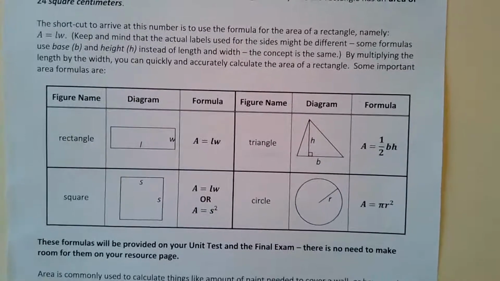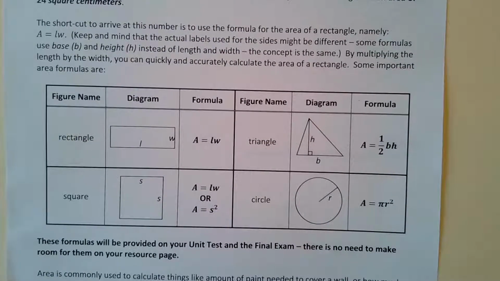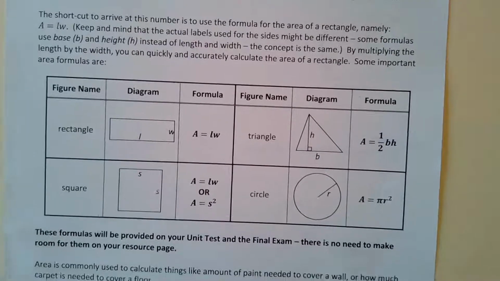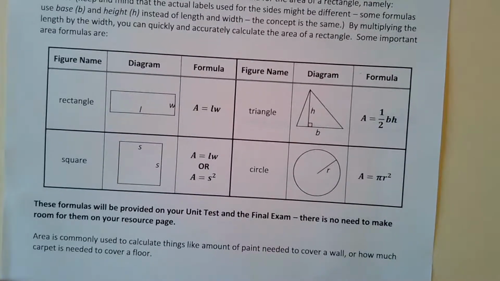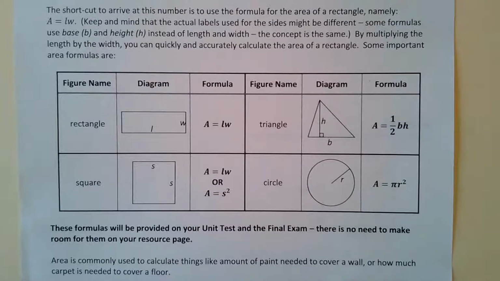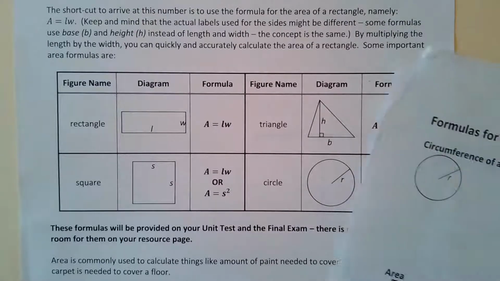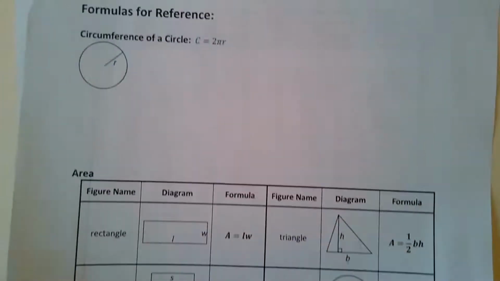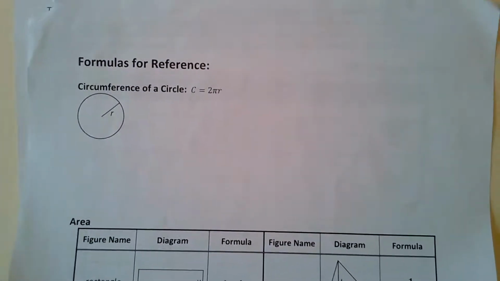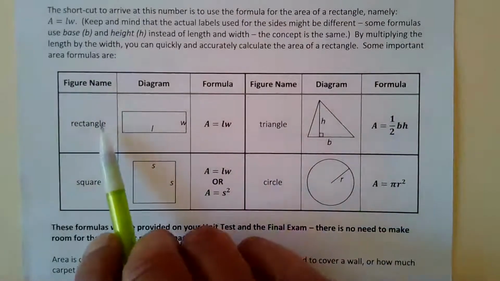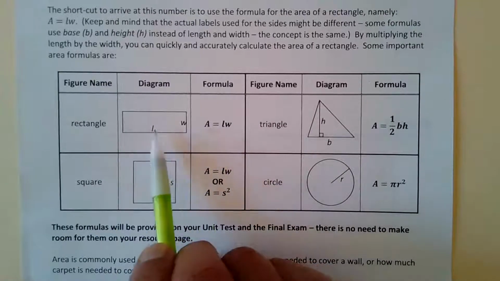To help us find the area of any rectangle, triangle, circle, or square, we're given the formulas. This is something you could put down in your study sheet, but you have this at the back of your booklet, in the same sheet as I mentioned. So the area of a rectangle is length times the width.